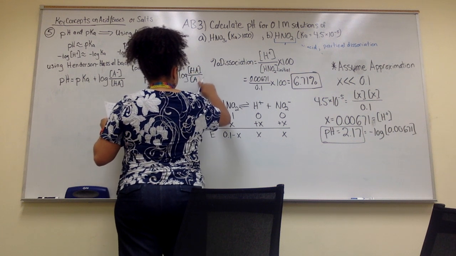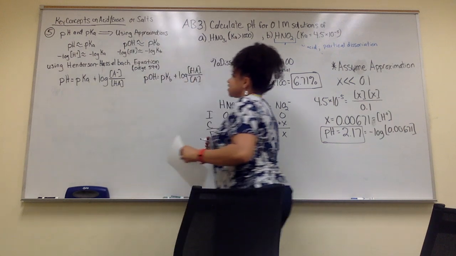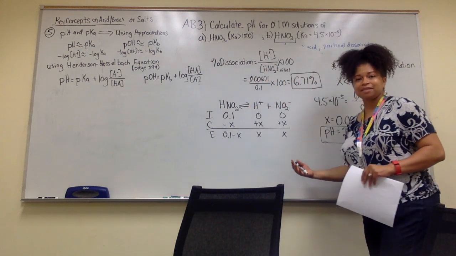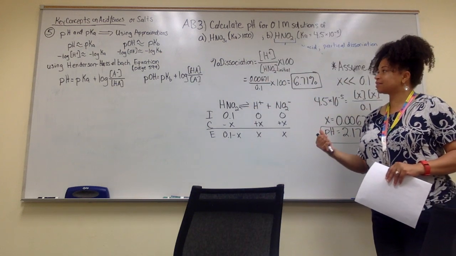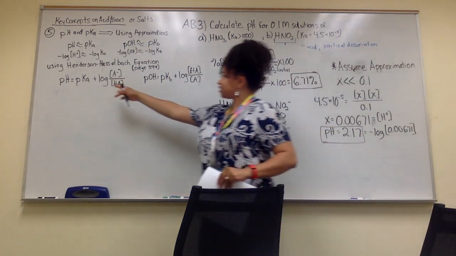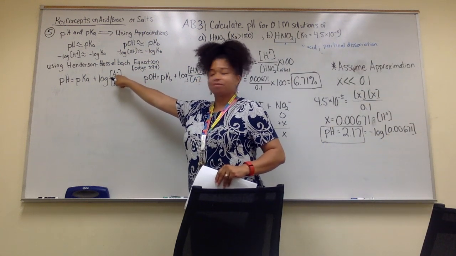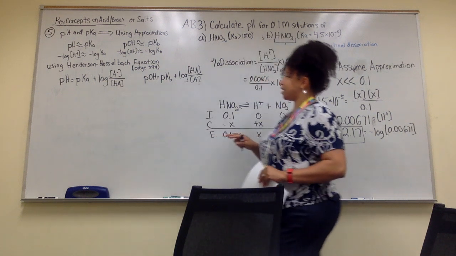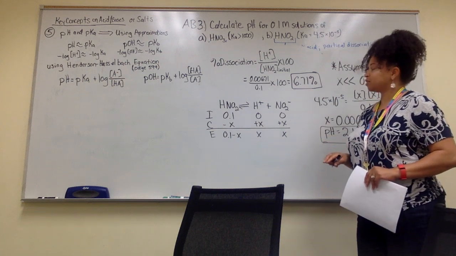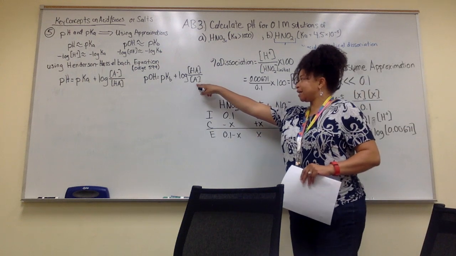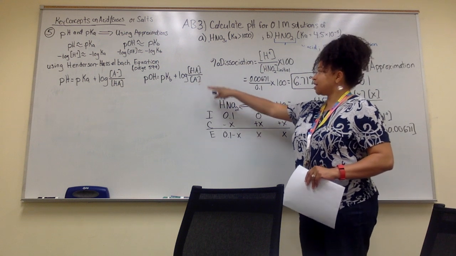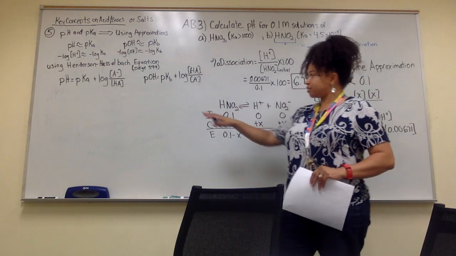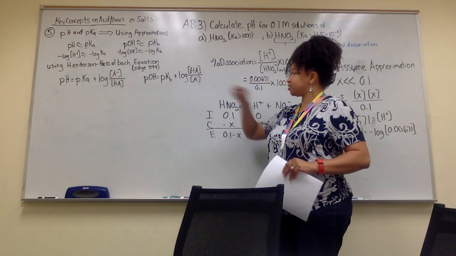So remember in the previous set of key concepts, we talked about what was a conjugate acid and what was a conjugate base for acids and for bases. So when we have an acid, the conjugate base is the anion, and the initial concentration of the acid is represented as HA. For a base, it's flipped. We start with a base, we start with an anion, we react it with water, and then we get a conjugate acid. And so that's what shows up here. Okay, so that's the difference between these two equations.